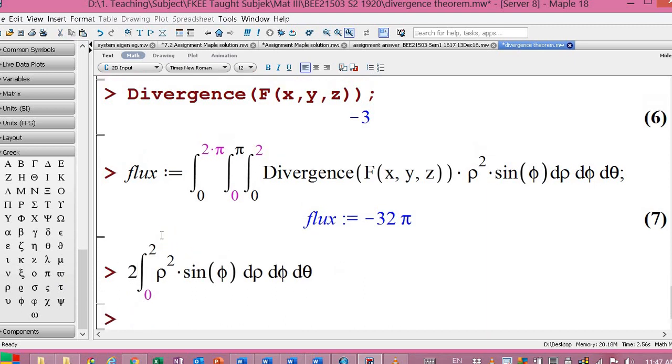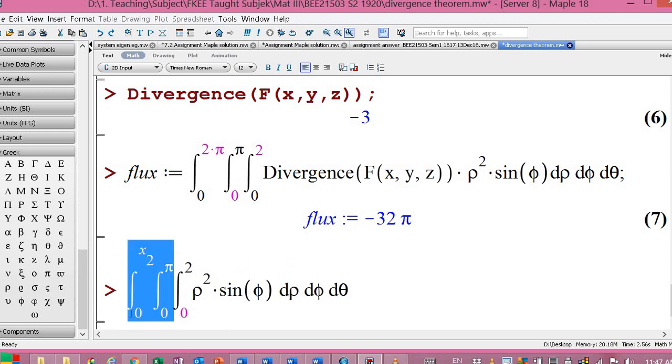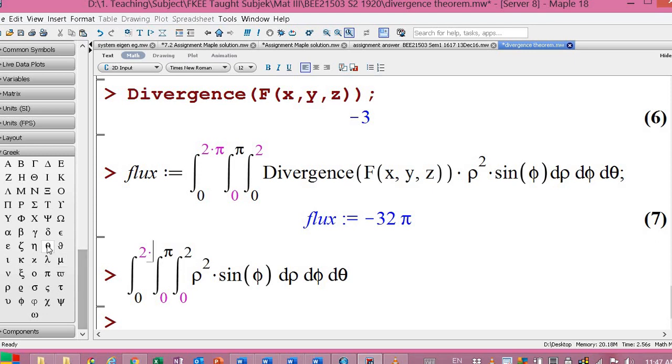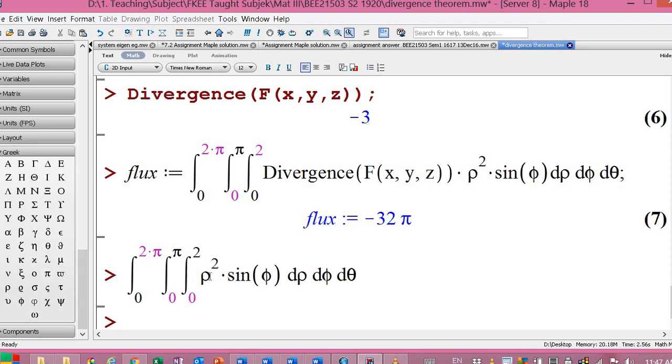So 2 multiplied, shift 8, and then the pi, getting it from the Greek symbols here.